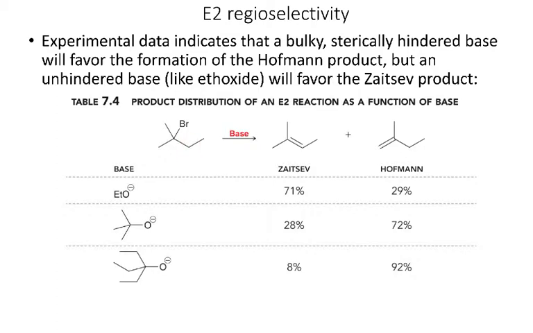When I start taking really big, bulky groups like these, that actually makes it harder for this big, bulky base to get into this carbon atom. It's much easier for it to attack over here where there are fewer carbons coming off. And so big bulky bases can actually favor the Hofmann product, the less substituted alkene.